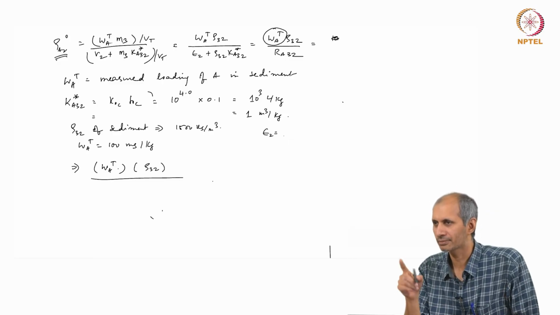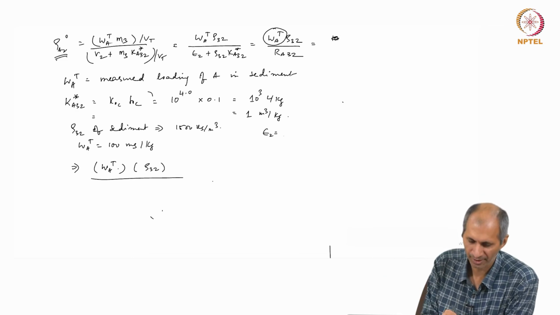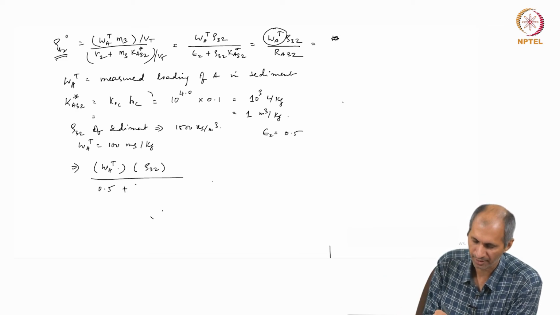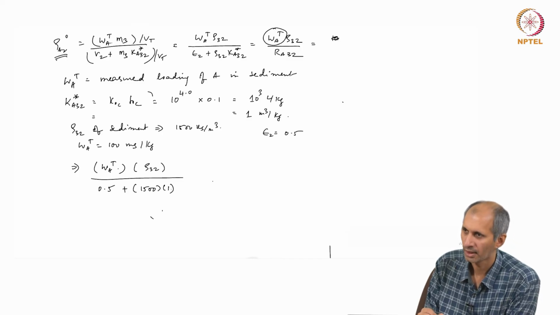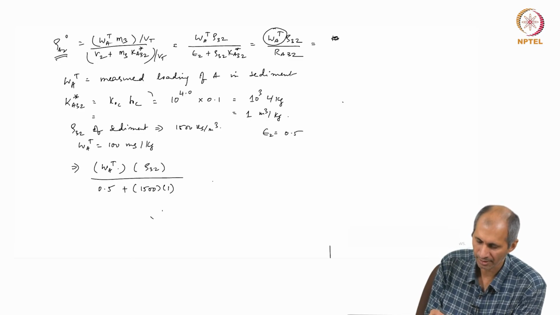Maximum value is 1, you are not going to have 1, you are going to have somewhere between 0.4, 0.5, let us say it is 0.5, so epsilon is 0.5. 0.5 plus in this denominator we have 1500 multiplied by 1. If you look at this denominator, a lot of times this value is much greater than this. So, you can neglect this.